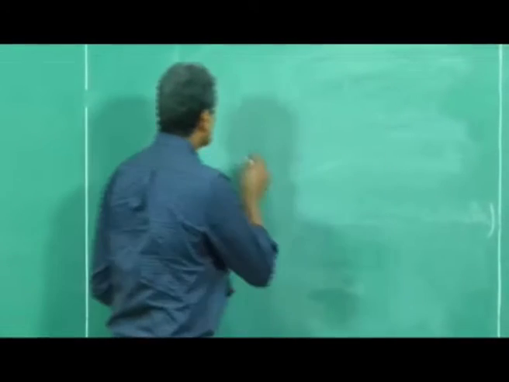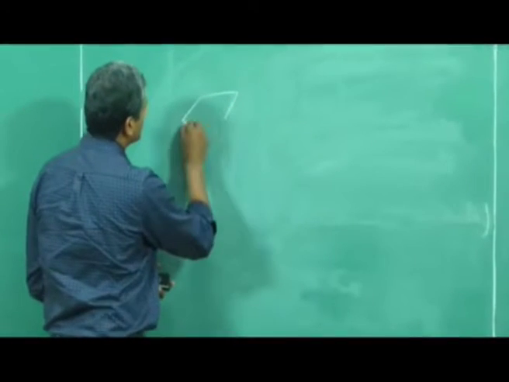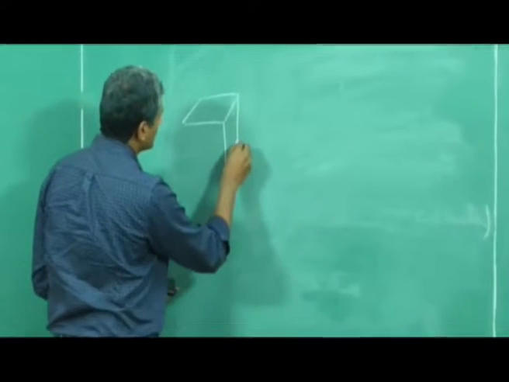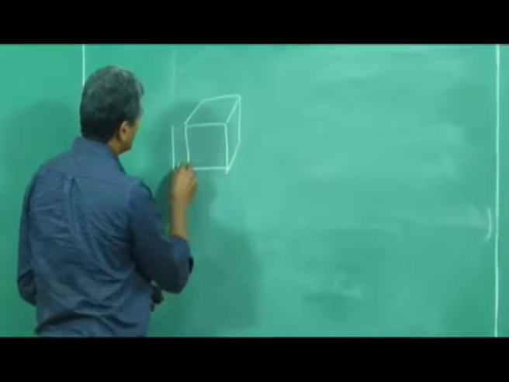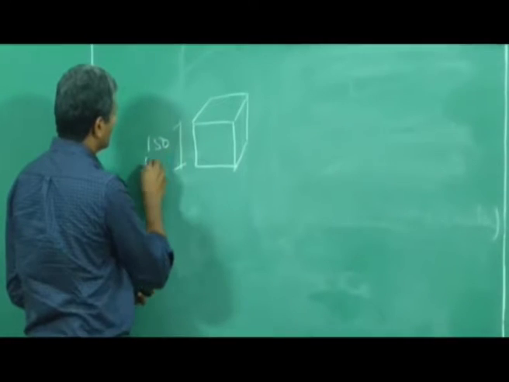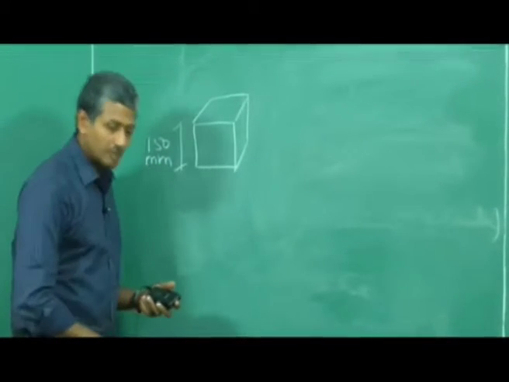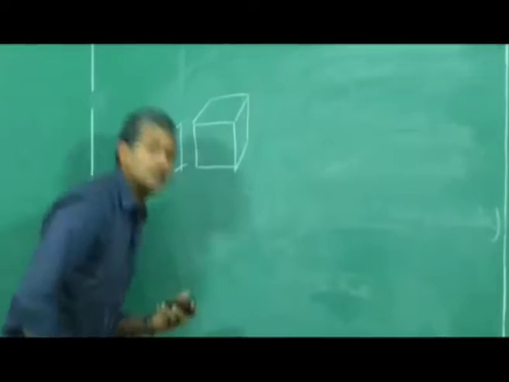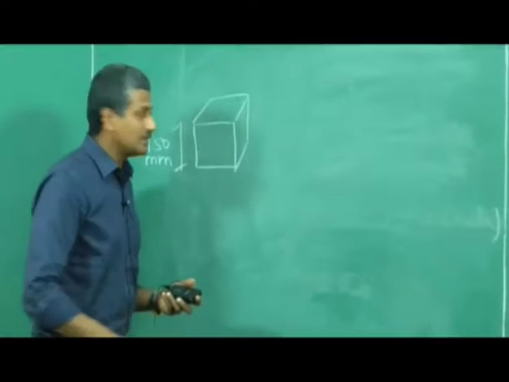So you have your concrete cube. You have a 150 mm concrete cube, which we typically make for determination of compressive strength. Okay.